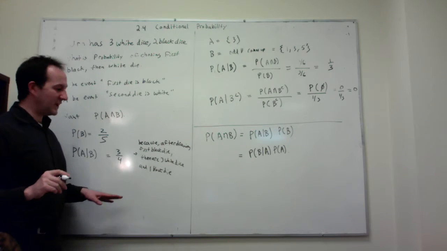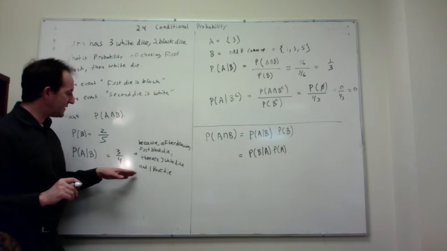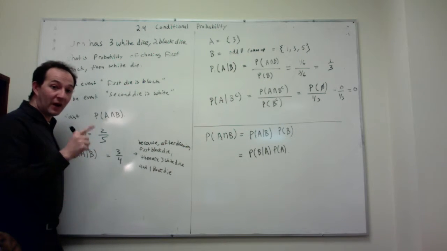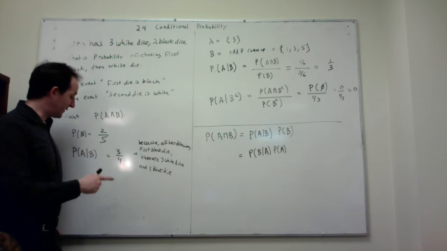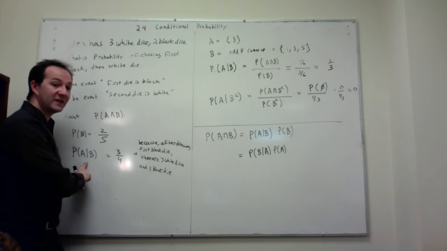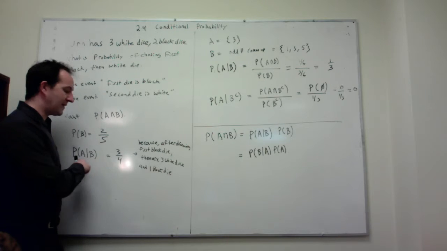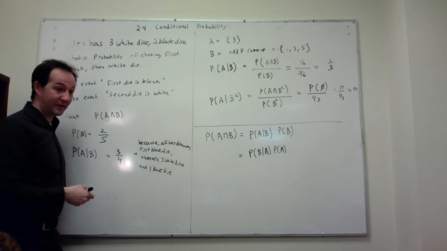I'm probably beating you over the head with this point, but because of knowledge about the structure of the process, we can know what this conditional probability is. And that's going to allow us to build up the probability that we want to know.